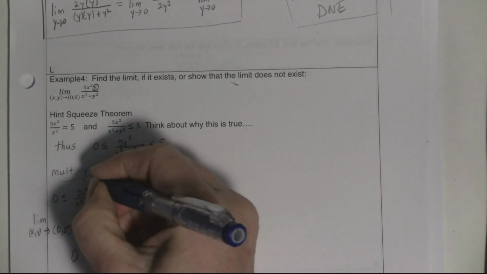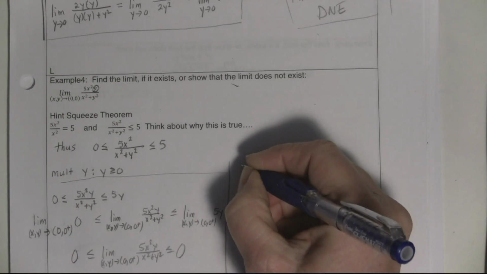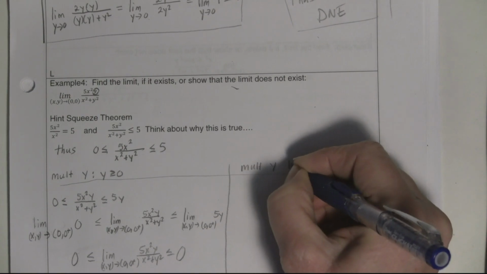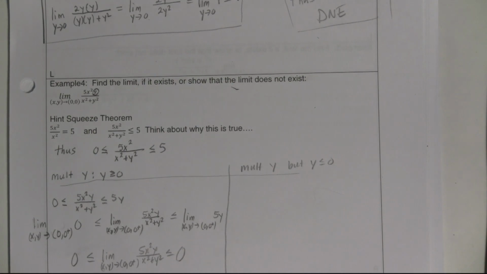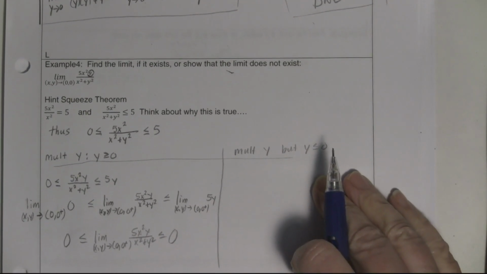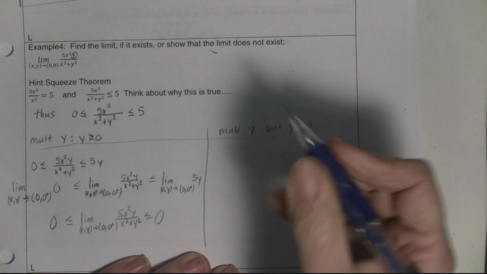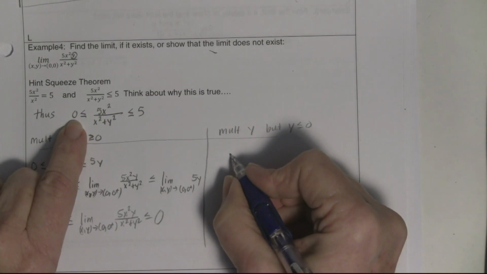Versus if I multiply by y, but y is less than or equal to 0. That means it's negative, and I'll have to flip it. So when I multiply here by y, I get 0.